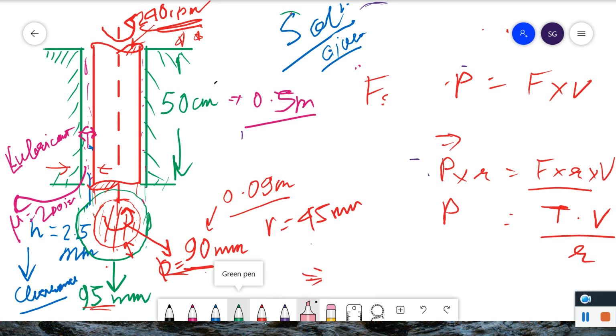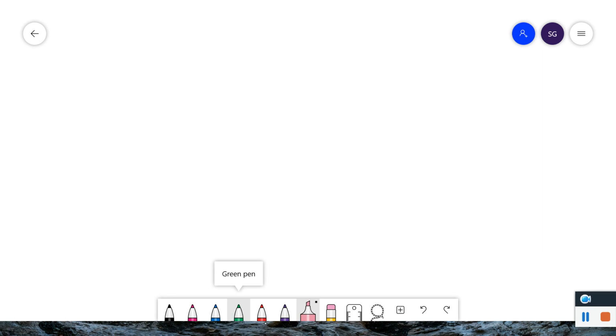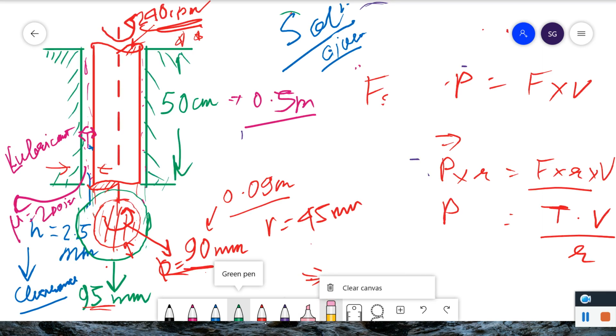We have already calculated it out, it is nothing but 2 pi upon T. So here T is 60, so it is 2 pi upon 60.